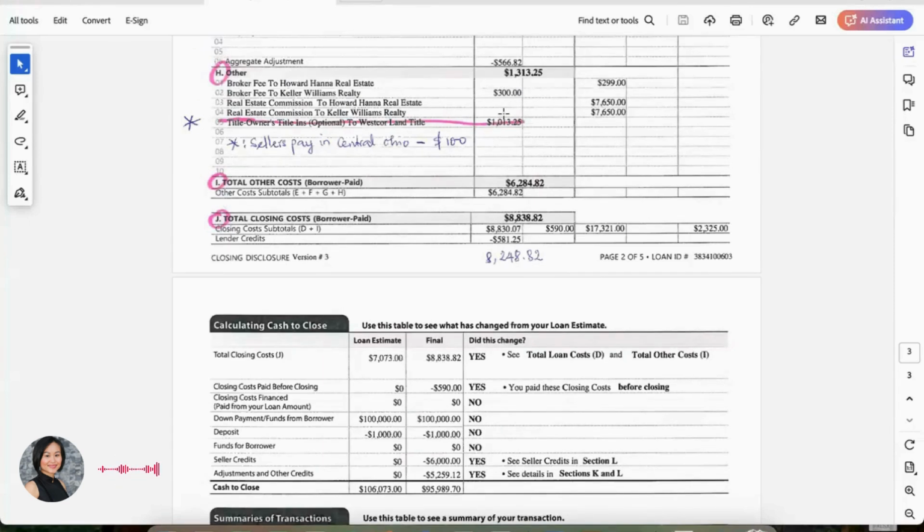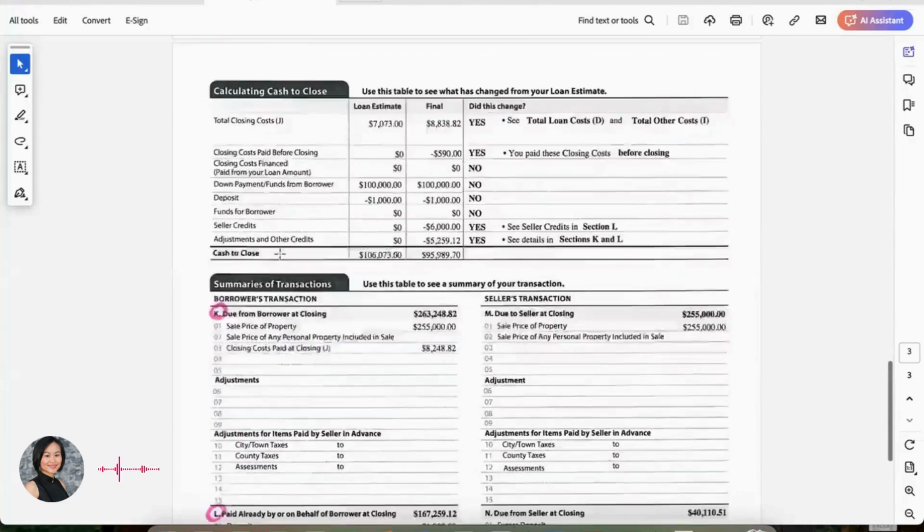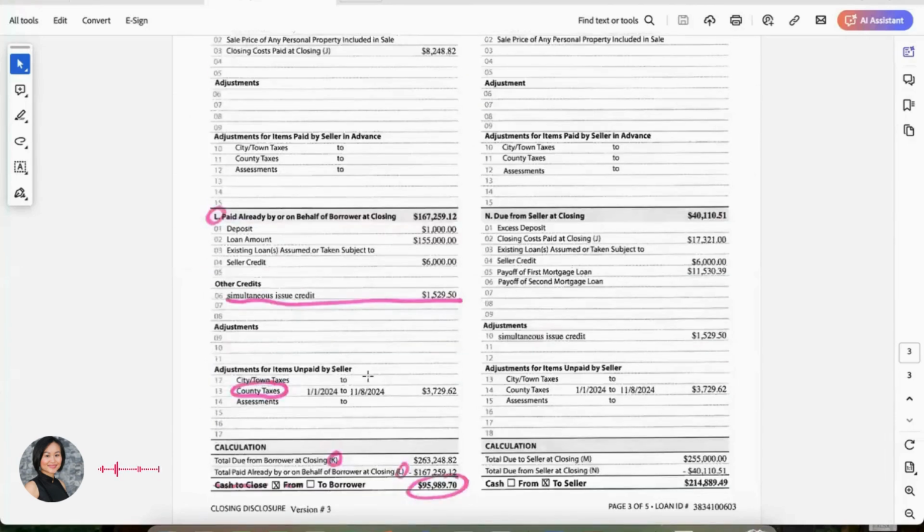So you have the total of 1,313 right there. So at this point, you have the county tax. Tax in Central Ohio is paid in arrears. So for the period January to November, the seller technically is supposed to pay for it, but there's no bill.